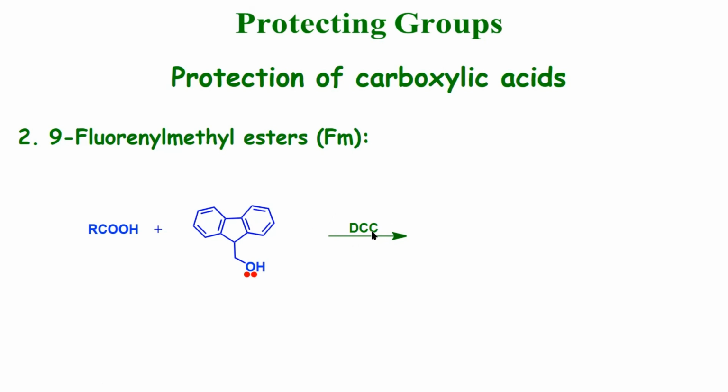The lone pair of electrons on the oxygen attacks the carbonyl carbon and OH gets kicked off. H plus and OH minus lose a water molecule in the presence of a dehydrating agent like DCC to give the corresponding 9-fluorenyl methyl esters.